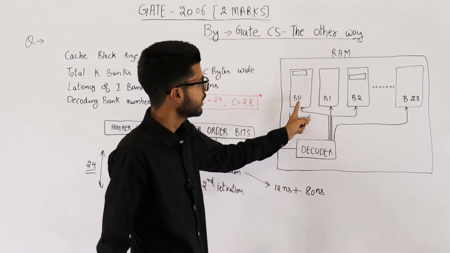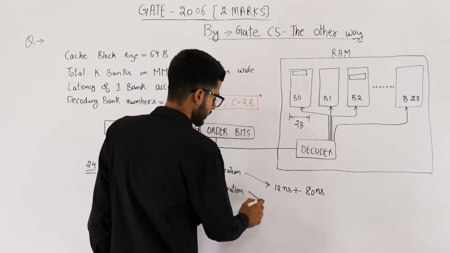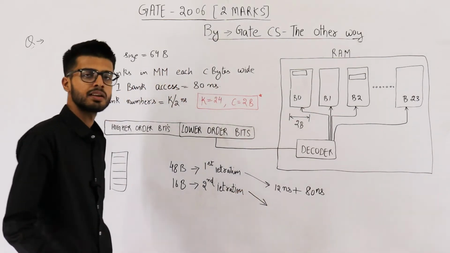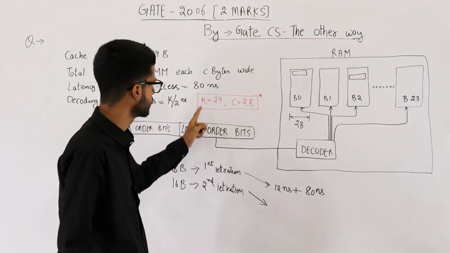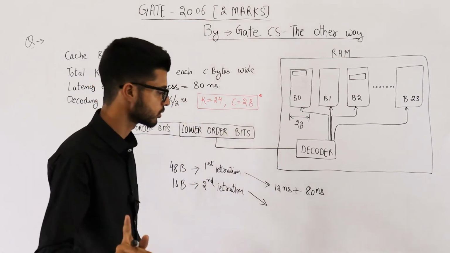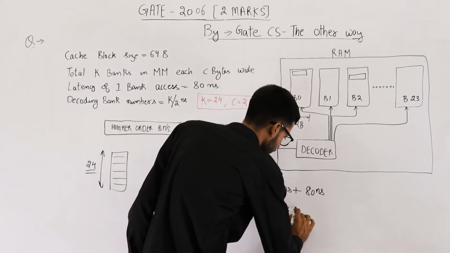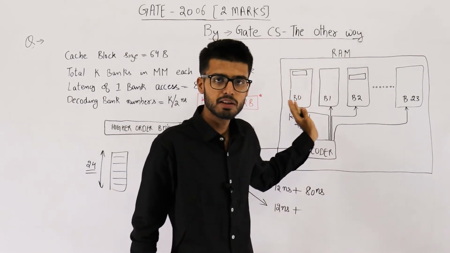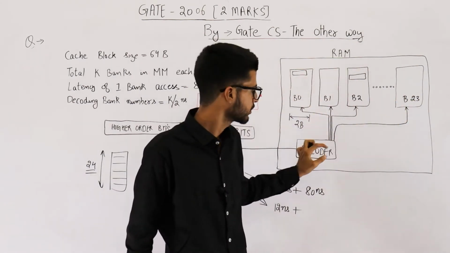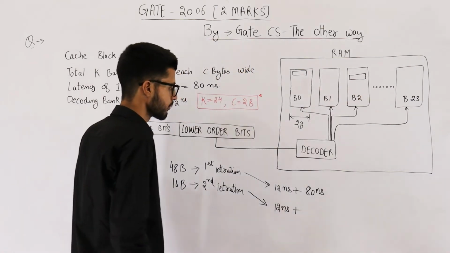That means 8 banks have to be accessed. So, how much time will be required for decoding the addresses for these 8 banks? 8 by 2. K by 2 is 8 by 2. No, please don't say K by 2. Sorry, it will still be 12 nanoseconds, because this time is defined by the total number of banks, since the decoder's complexity depends on the total number of banks.